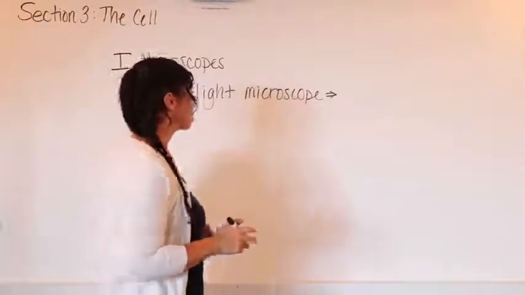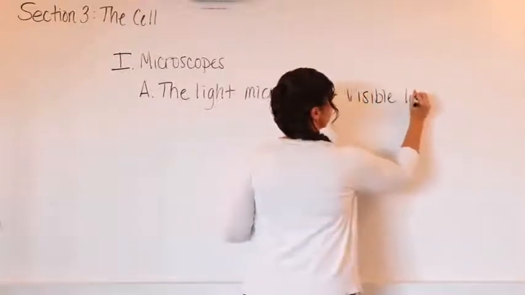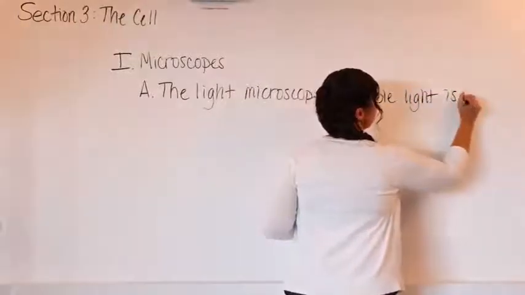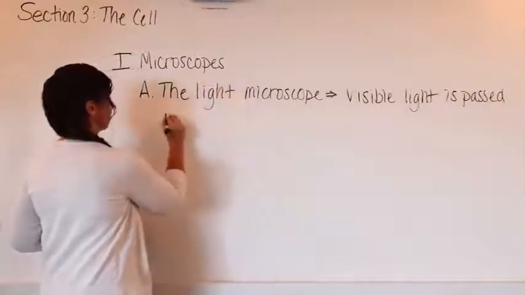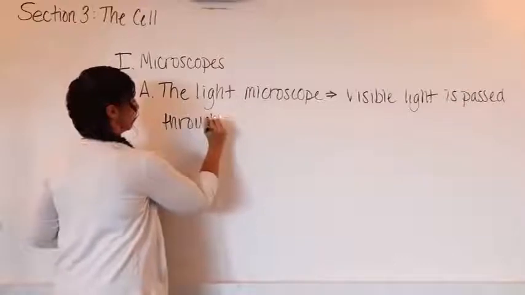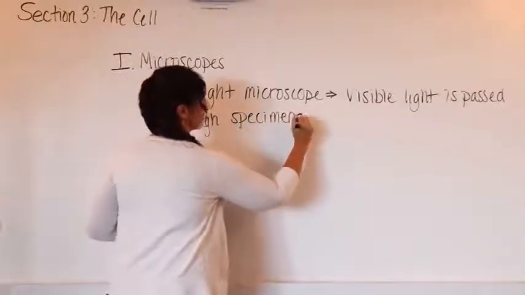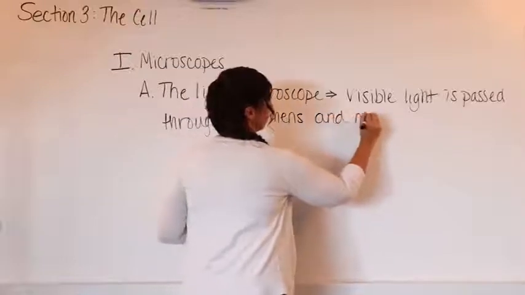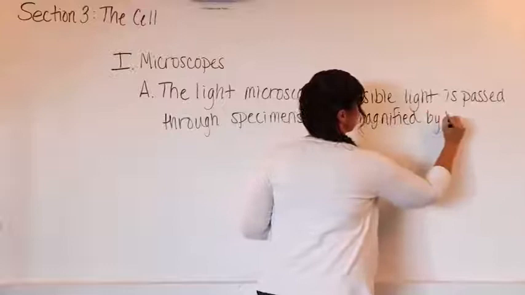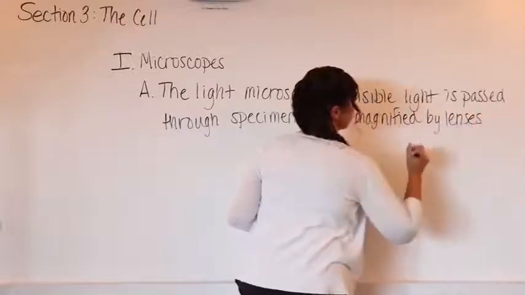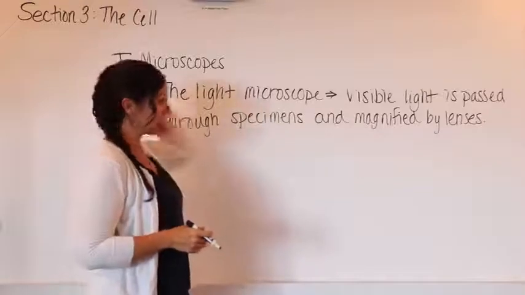So light microscope, visible light is passed through specimens, and magnified by lenses. And then ultimately that image gets put into your eyepiece so you can actually see what you're looking at there.